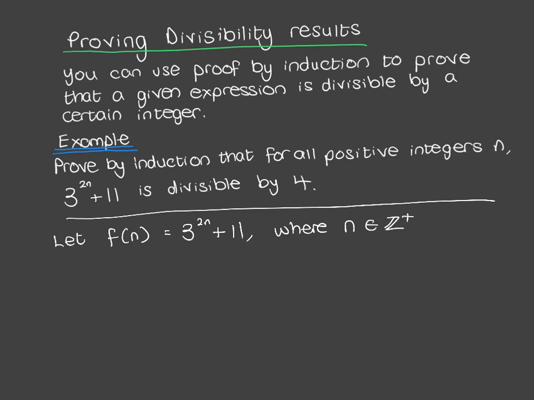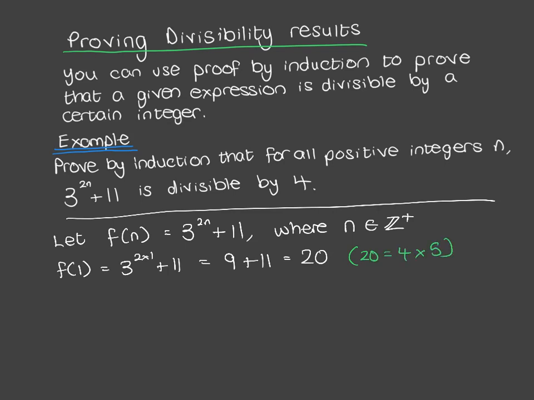So the basis step, or the first step, would say, well, what happens when n equals 1? So f of 1 will be 3 to the power of 2 times 1 plus 11, which is 3 squared is 9, plus 11, which equals 20. Now, clearly, we know that 20 is equal to 4 times 5.